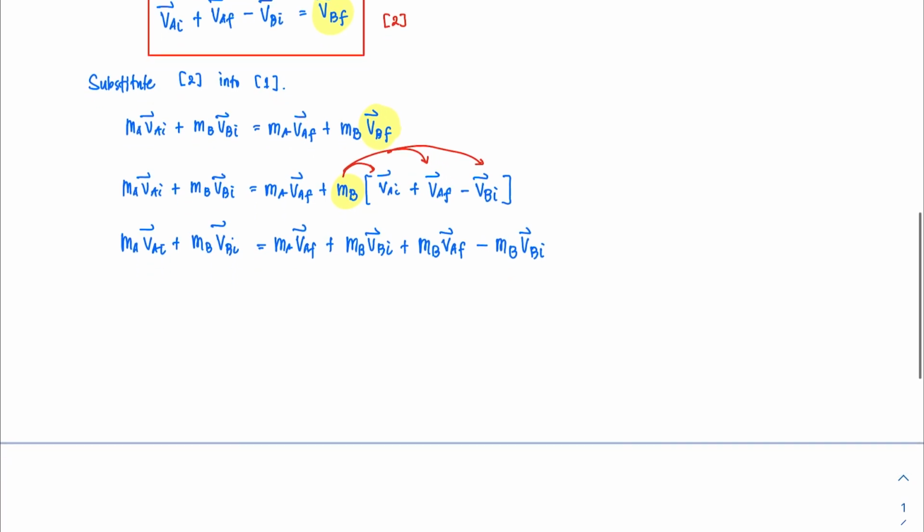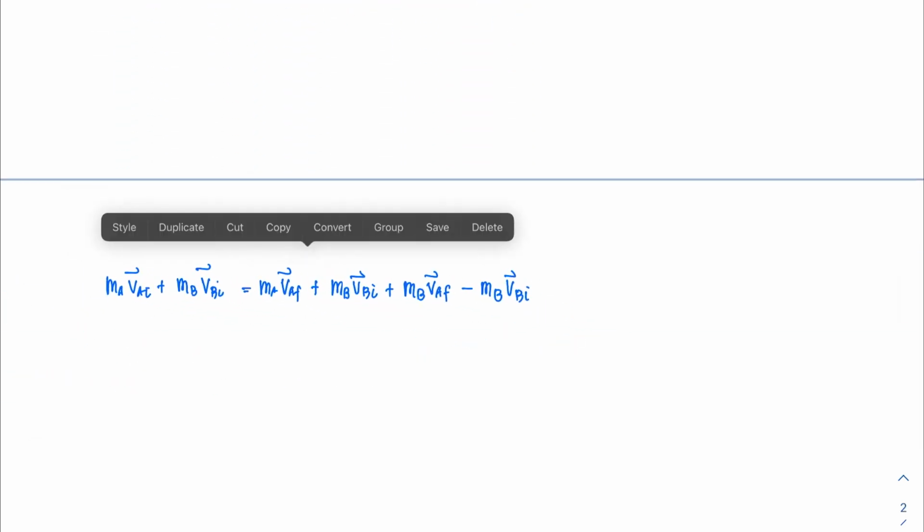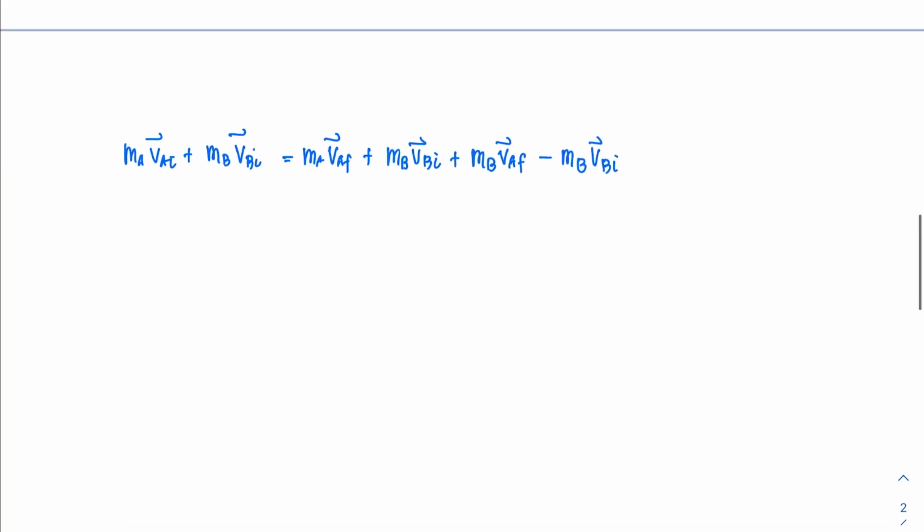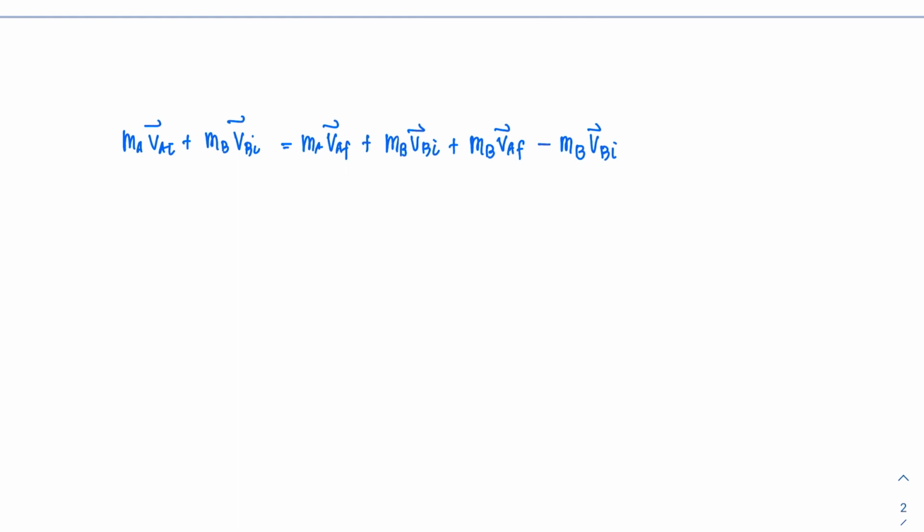Alright, so I'm just going to change the view to seamless. So from here, you now have this equation, so I'm just going to copy this one, and let's proceed to the other page. Now if you try to inspect this one, the same as we did before, MA is given, VAI is given, MB is also given, VBI is given, MA is given, VAF is unknown, you don't know this one, MB is given, VBI is given, MB is given, VAF is an unknown, but notice that they are the same unknown.